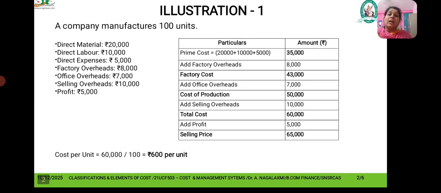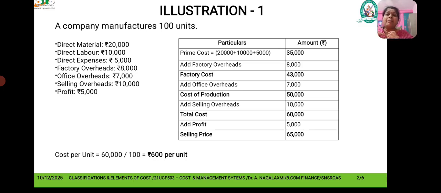As I have explained, what is prime cost, what is factory cost, what is cost of production, what is cost of sales, and what is the selling price, and how to determine the profit or loss. We just rewind that and we can see the illustration.